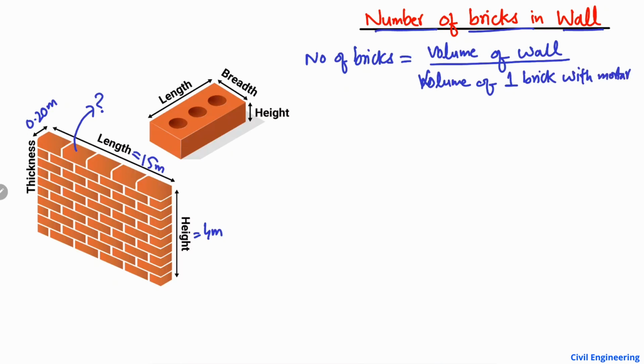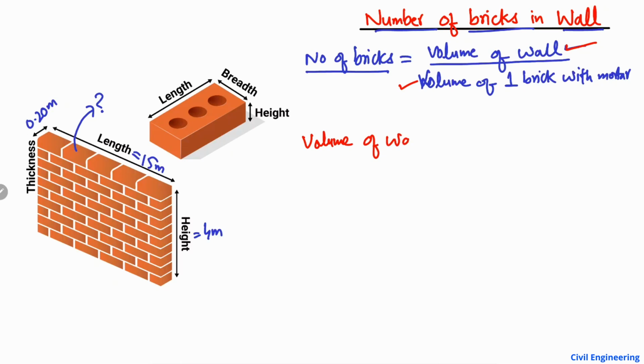So number of bricks is equal to the volume of the wall divided by the volume of one brick with mortar. First, we find these two terms. First we find the volume of the wall, and then the volume of one brick. The volume of the wall is very simple.